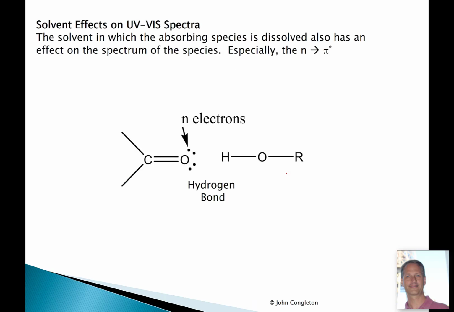Now, the solvent is also going to affect our lambda max. Of course, if we have a solvent in which we can have hydrogen bonding, that H bonding will affect the energy levels of our transitions. What we're going to be looking at in our experiment is this n to pi star.